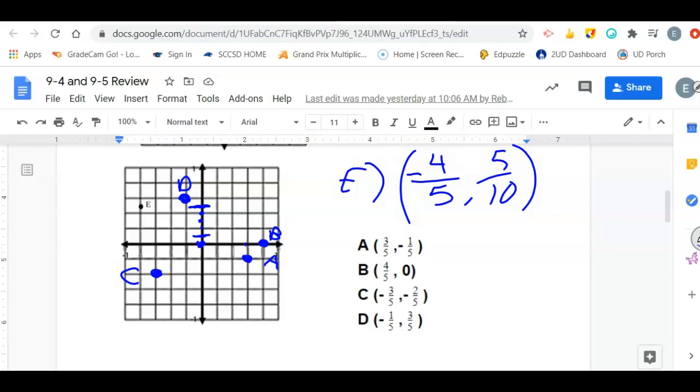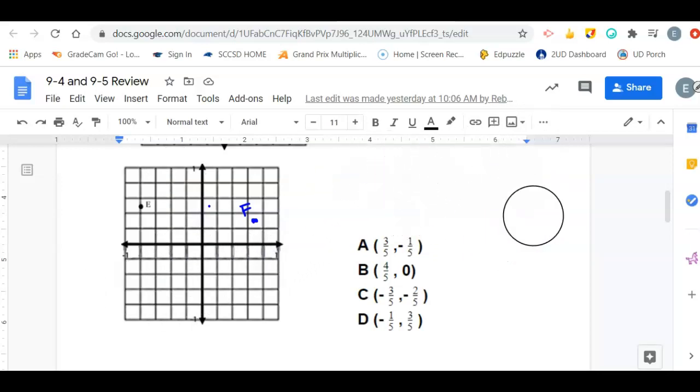If it looks like a tiny, tiny little bit, it's probably the dot just off a little bit. All right, so another one. What about this point? Right here. What would the ordered pair for F be?